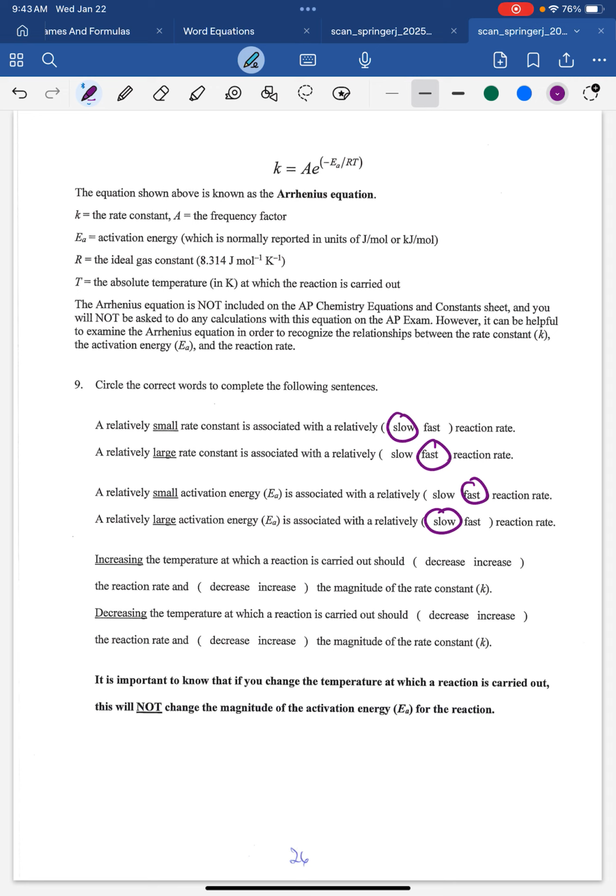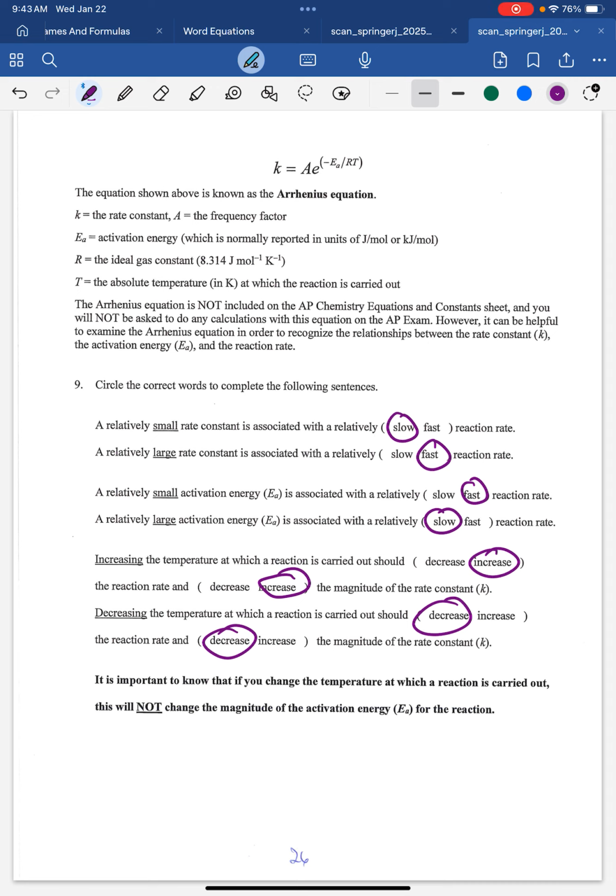An increase in the temperature at which a reaction is carried out should increase the reaction rate and increase the magnitude of the rate constant K. Remember, if it's going faster, there's a bigger K. A decrease in the temperature should decrease the rate and decrease the magnitude of the rate constant K. It's important to know that if you change the temperature at which a reaction is carried out, this will not change the magnitude of the activation energy for the reaction.